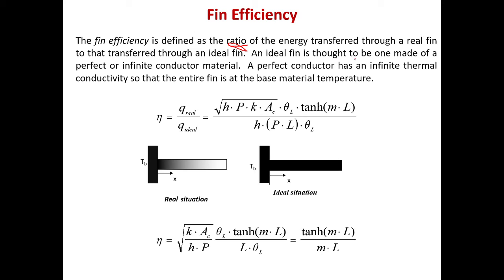An ideal fin is thought to be one made of a perfect or infinite conductor material. A perfect conductor has an infinite thermal conductivity, so that the entire fin is at the base material temperature. That is, the formula is eta, the fin efficiency, that is Q real upon Q ideal.